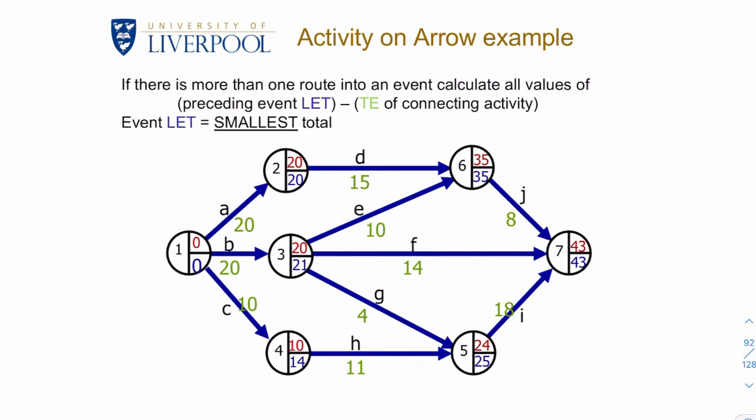So that's where we get the 21, 14, 20, etc. So now all our numbers are identified. We have the earliest and latest time for each event. So we have the LET and the EET for each event.